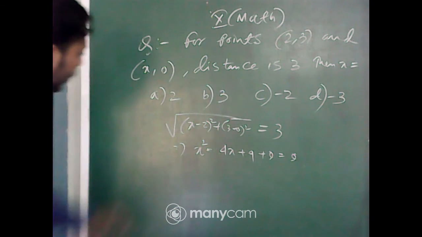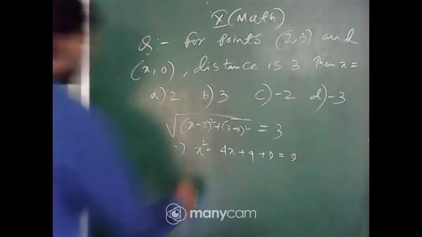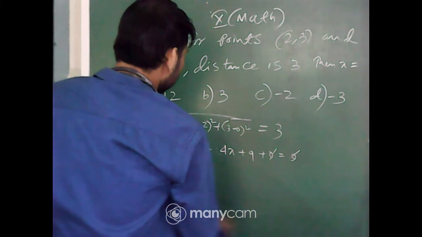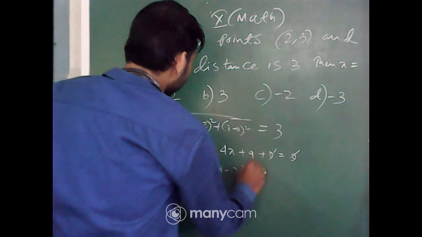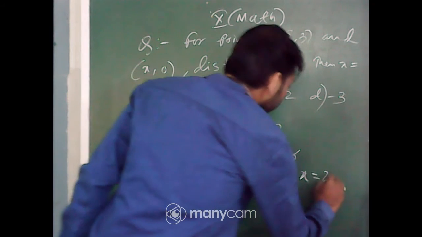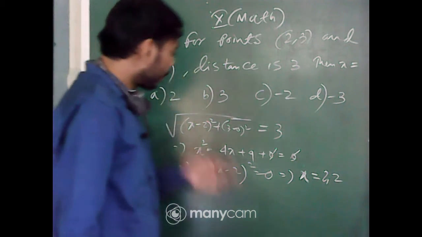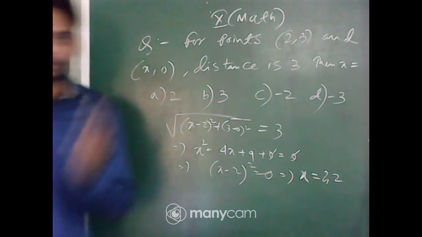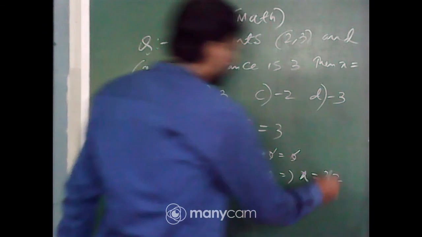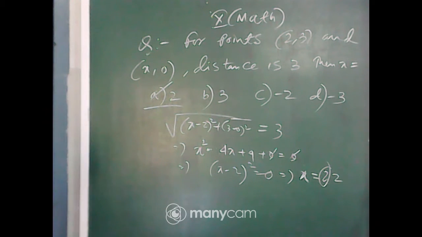The 9 will cancel out, so it is (x minus 2) whole square, that means x equals 2. That means 2, 2 actually. Because it's a quadratic equation, you get 2 values of x, so 2, 2; you may say 2 only. So the answer is A. All of you have given the correct answer.